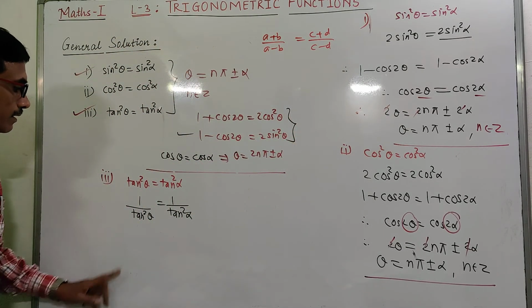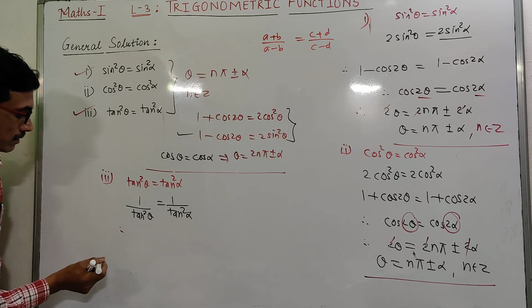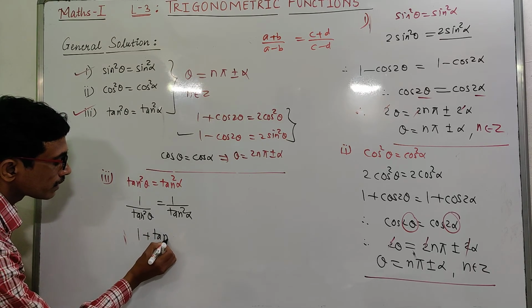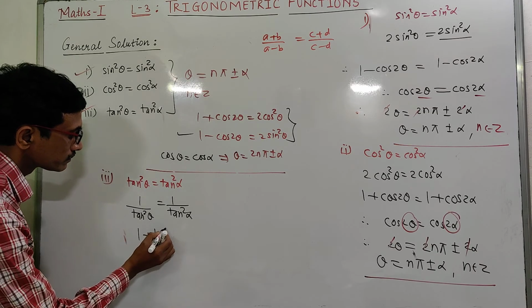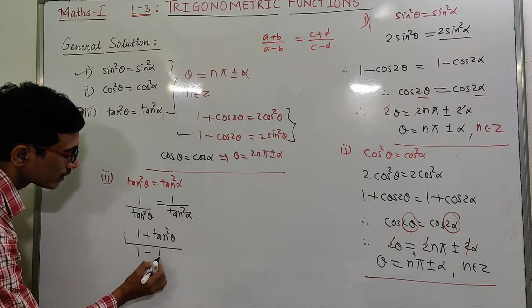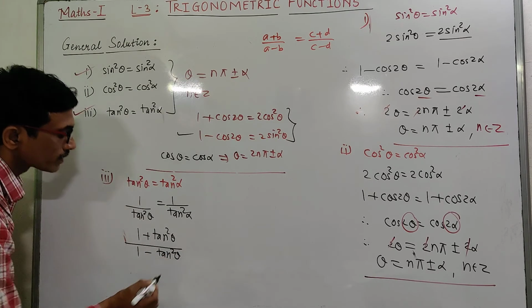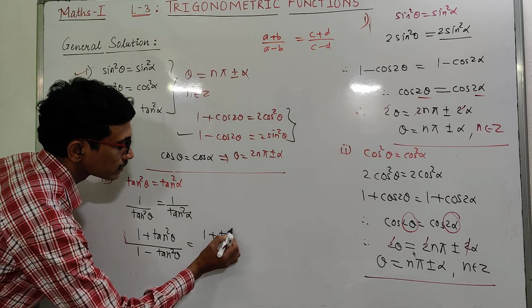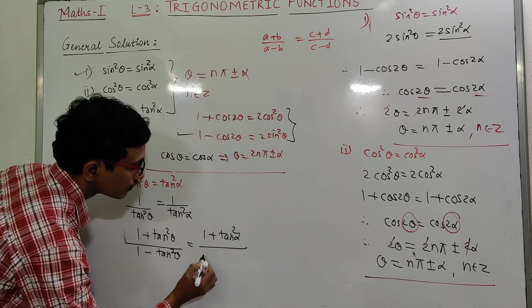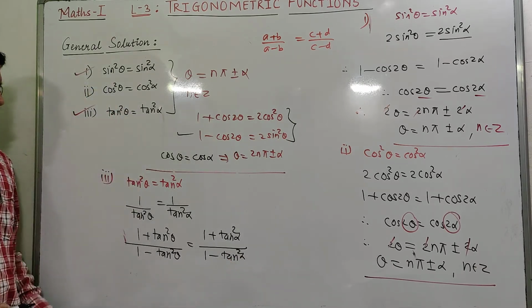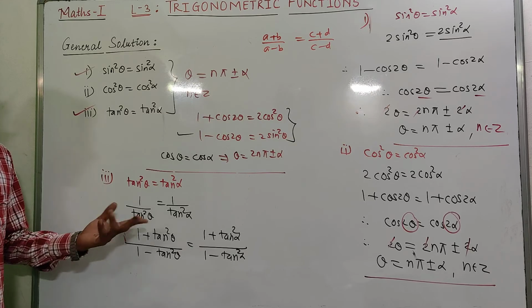So we apply it here and we will be getting 1 plus tan square theta upon 1 minus tan square theta equal to 1 plus tan square alpha upon 1 minus tan square alpha. Now again we take reciprocal of both sides.